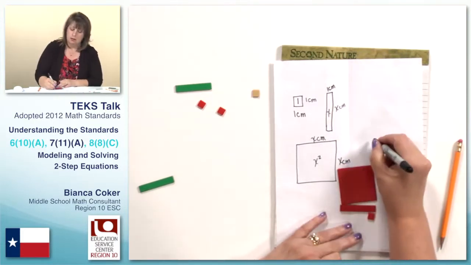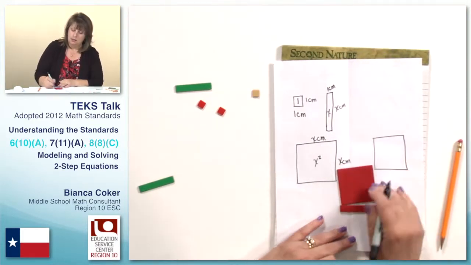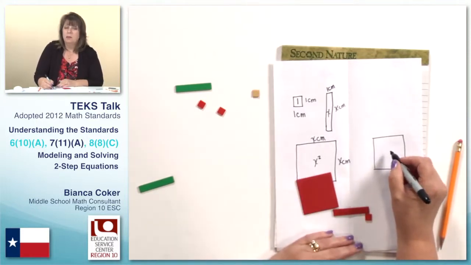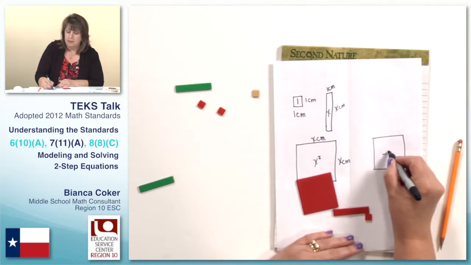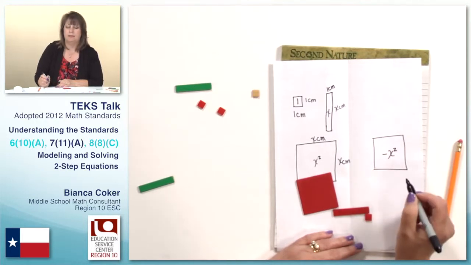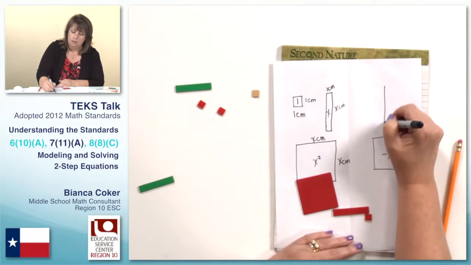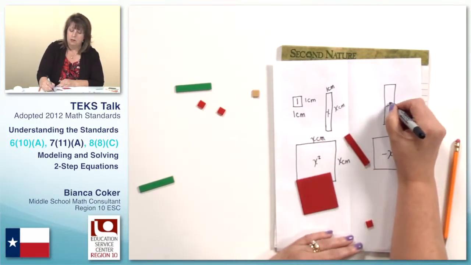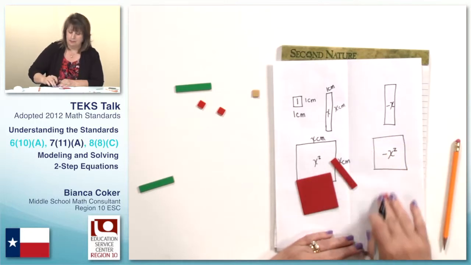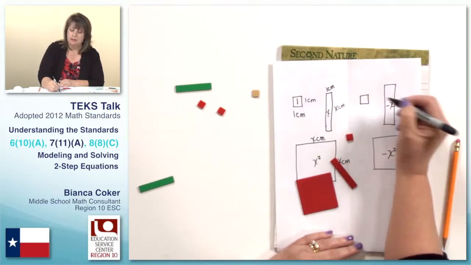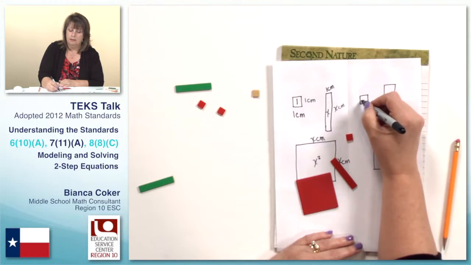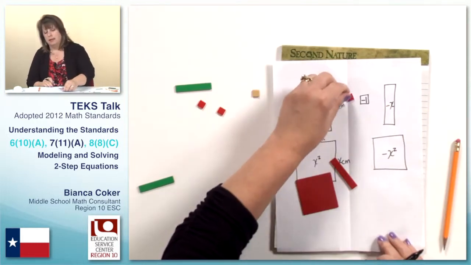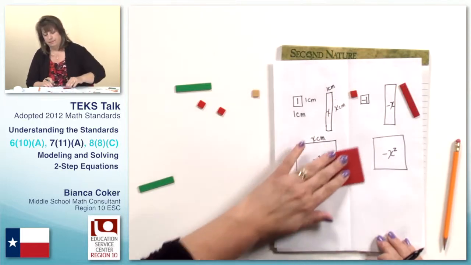Well, the red square is the opposite of the blue square. And we represent opposite with our negative sign. Now, the red bar is the opposite of the green bar, so that's negative x. And the opposite of the yellow one is negative 1, and we represent that with our red square.